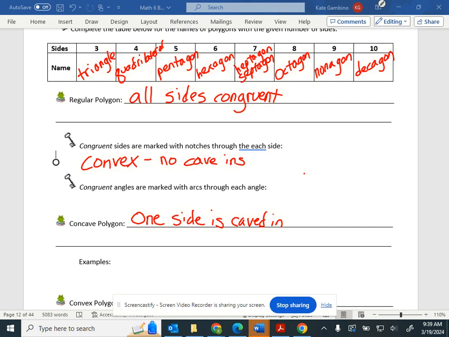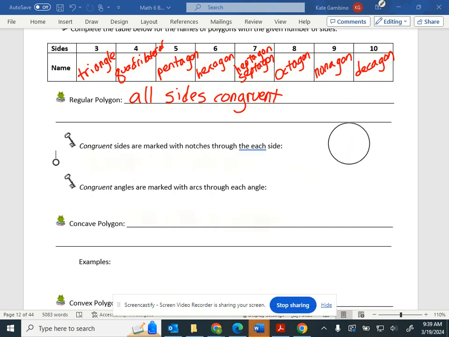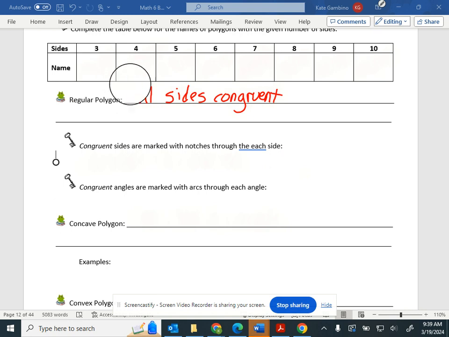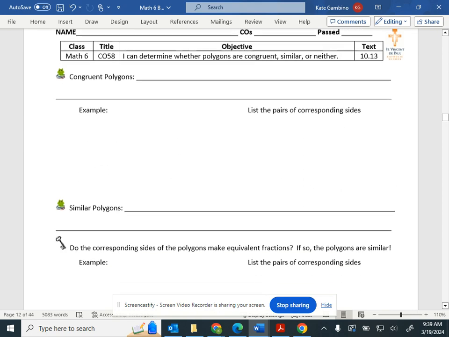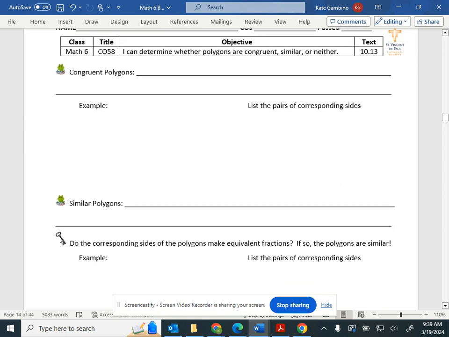Then we have CO58. I can determine whether the polygons are congruent, similar, or neither. So remember, congruent, they are equal. They're exactly the same measurements. Equal, same measurements.